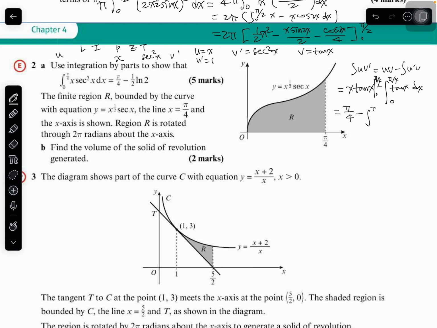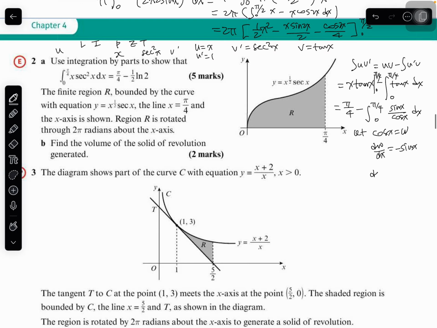Just let's go: sine x over cos x dx. Let cos x become w, then dw over dx is negative sine x, so dx becomes dw over negative sine x. When x equals 0, w equals 1; when x equals pi over 4, w becomes square root of 2 over 2.